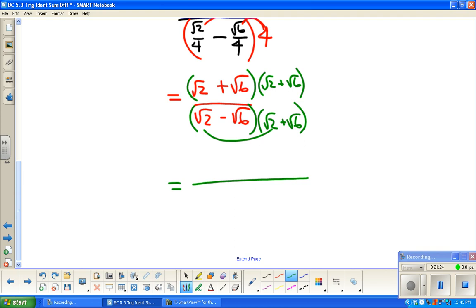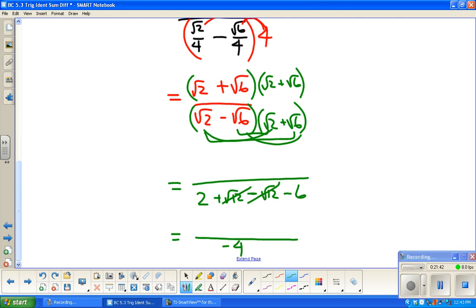Square root of 2 times square root of 2 is 2. Outer would be the square root of 12. Inner would be the square root of 12 only minus, so don't worry about simplifying that. And then last times last would be minus 6. So when all is said and done on the bottom, bye-bye, negative 4. On the top, square root of 2 times square root of 2 is 2.